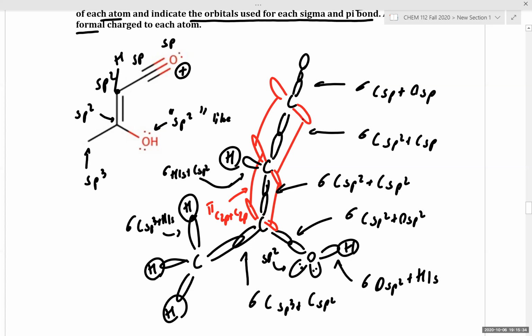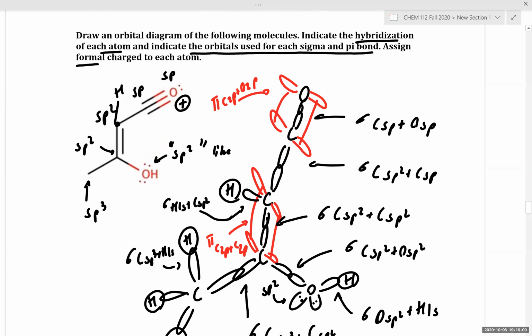So for this carbon-carbon bond, even though there's not explicitly a pi bond in this case, this system is conjugated. I'll use a different color for that. And for our carbon-oxygen triple bond, we have two pi bonds. We have a pi bond from a carbon 2p plus oxygen 2p.